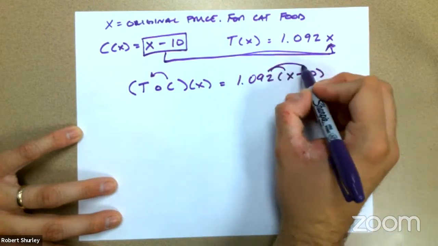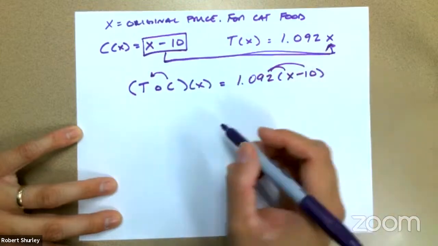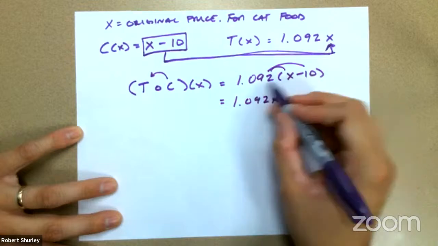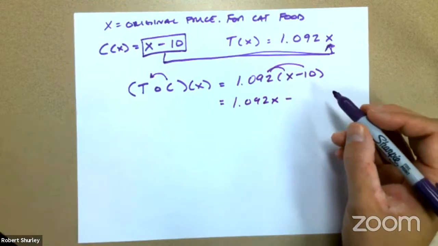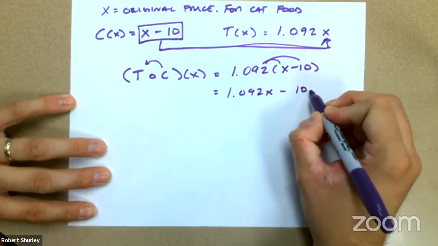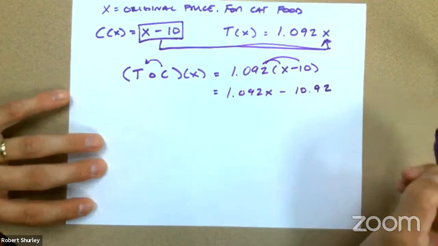Now I'm going to distribute this. I'll do more examples just to show you what's going on. I'll distribute it, get 1.092X minus, now 10 times that, you just moved the decimal, right? 10.92.